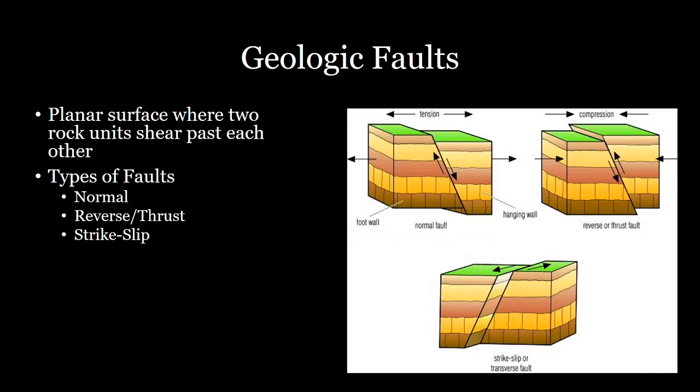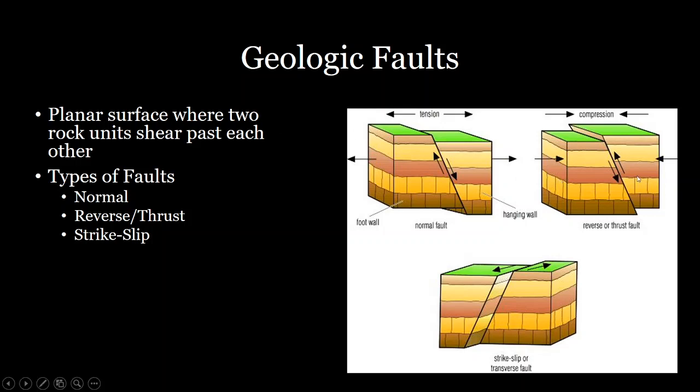Normal faults usually develop when you have extension, when the area is under tension and being pulled apart, because normal faults make the landscape longer. The important thing to know is that the hanging wall on the upper side of that fault slope is moving downwards.